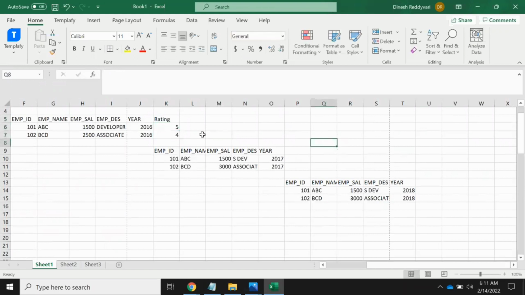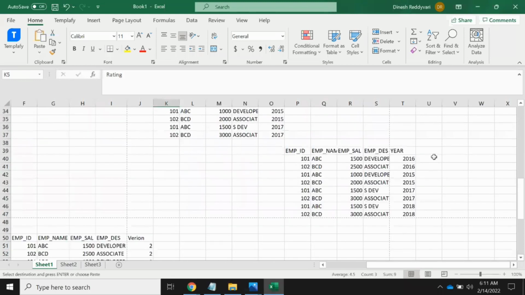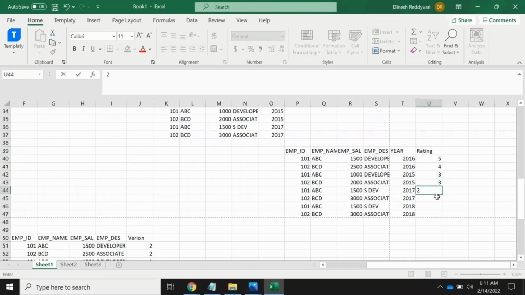When they are maintaining the ratings, in the final table you will have, for example, another year it will be 3, another year 3, another year 2, this particular person again 5, and again 5, and let's assume 4.